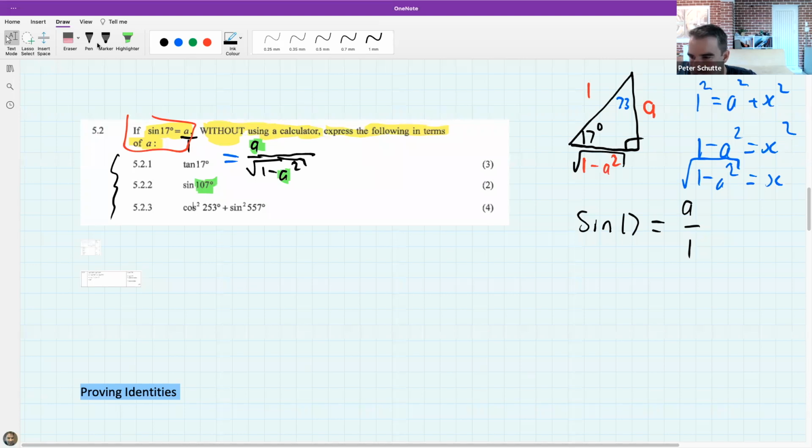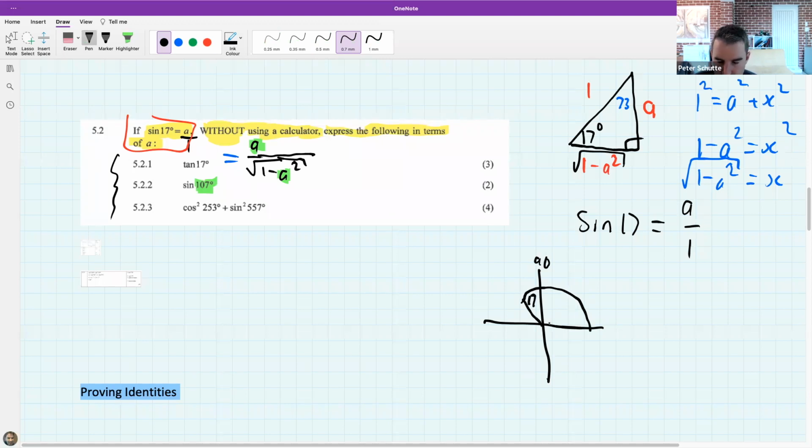So Dawn has suggested a co-function. A co-function is when we use the vertical. So if I want to go to 107, here's 107, and it is 17 degrees away from the vertical.